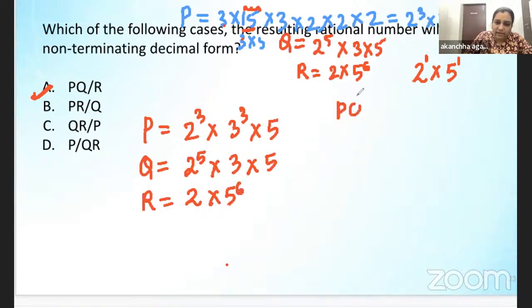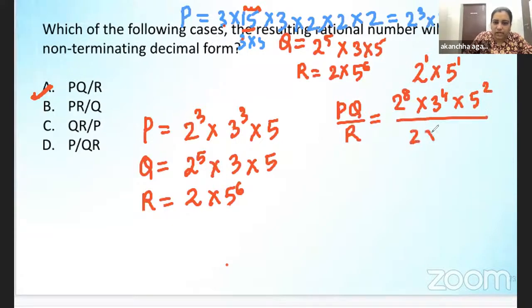Now, if you say PQ upon R, option A, what you will get? 2 to the power 8 times 3 to the power 4 times 5 square over R, which is 2 times 5 to the power 6. So, will it have a non-terminating decimal? No. It will have a terminating one. Very good. So this is not the correct option.